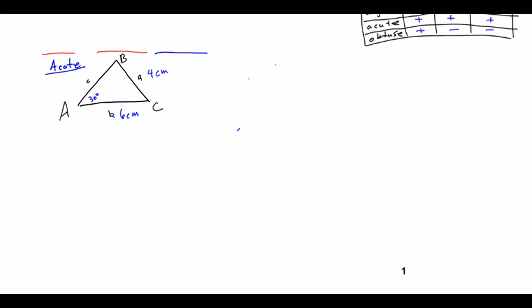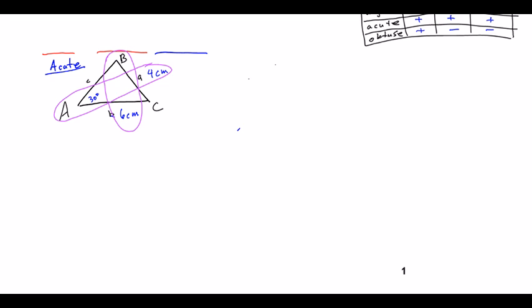Now, here's the key. We're going to use our sine sausage on this. So let's find our matching sides and angles. So here's our first matching side and angle. And if you look, the only other side that we can work with is the B side.